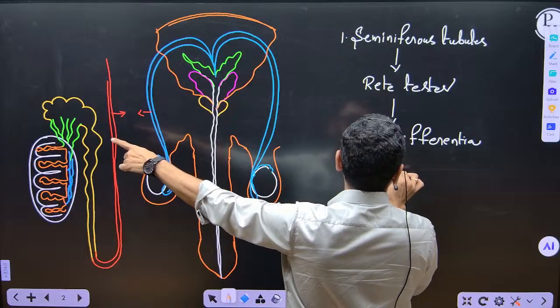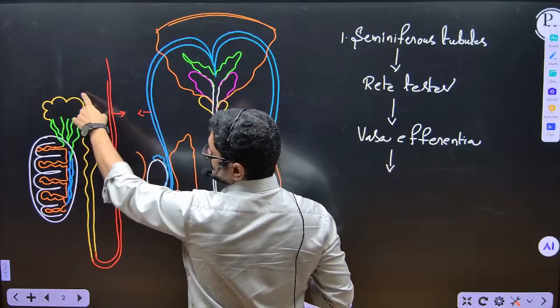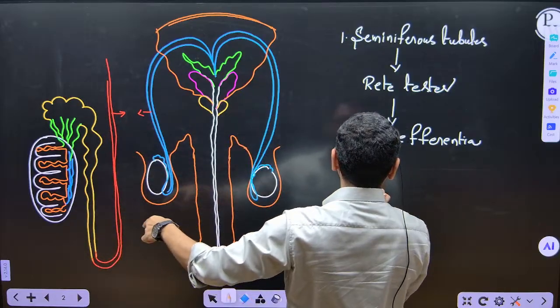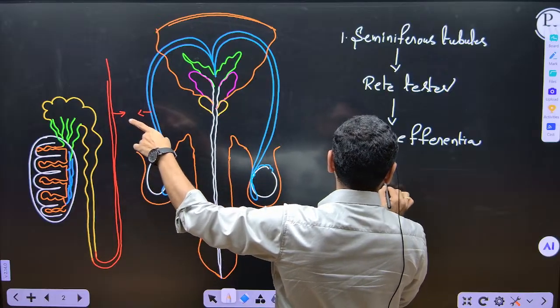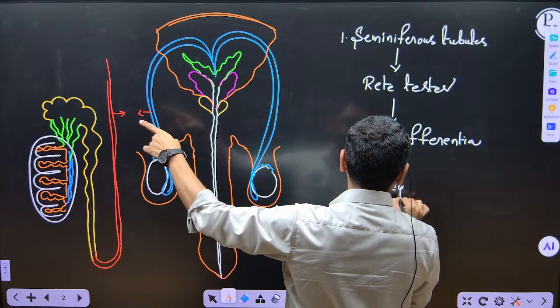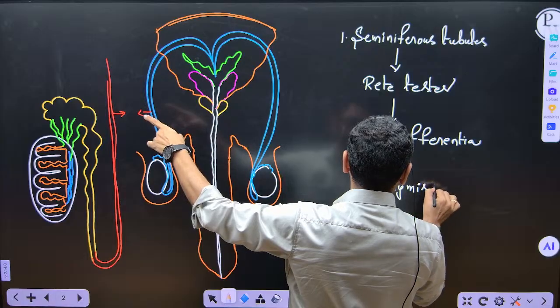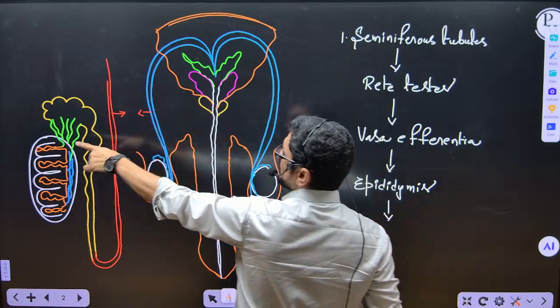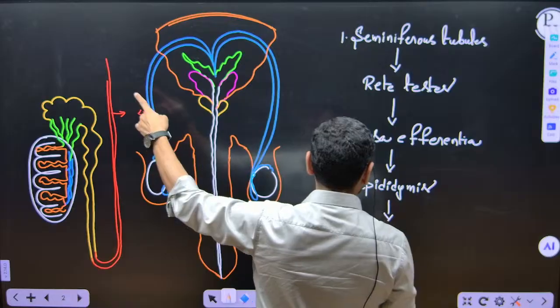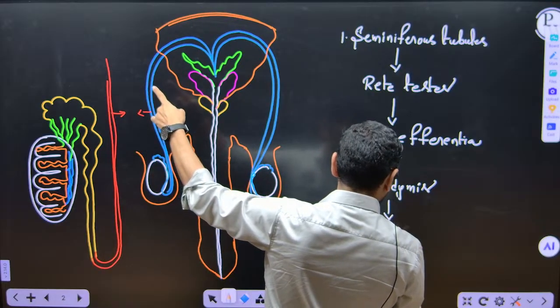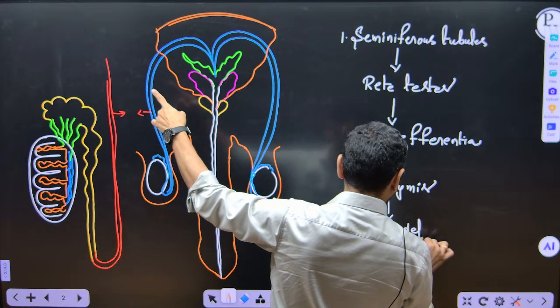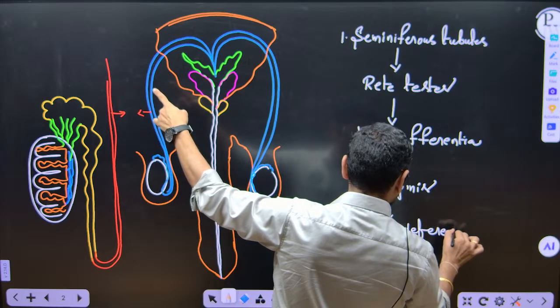You have to write along with me without seeing. Vasa efferentia open into this brown color one, epididymis. Epididymis opens into red color, vas deferens. Vas deferens is singular.